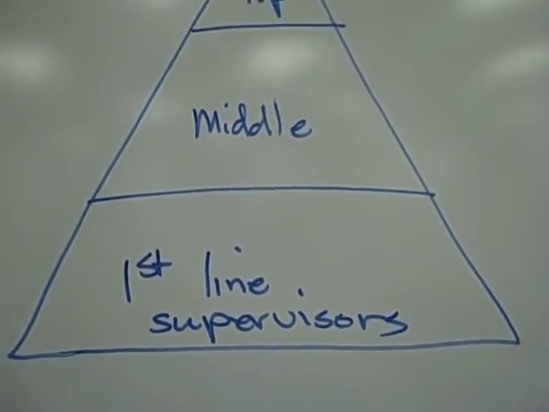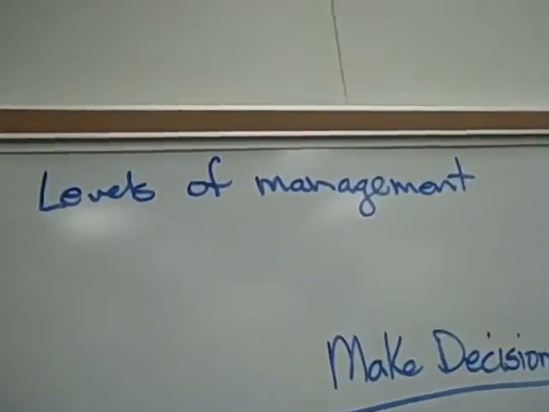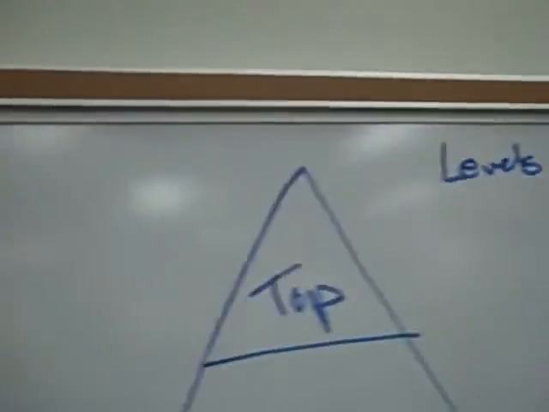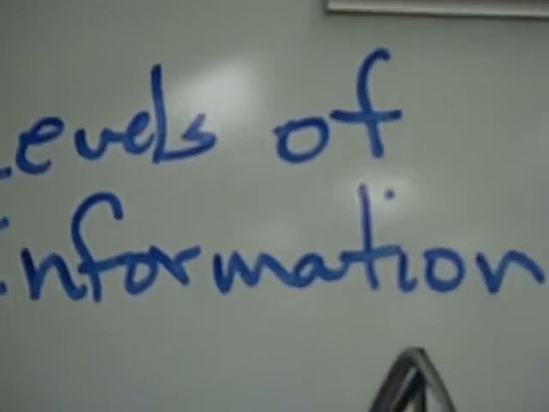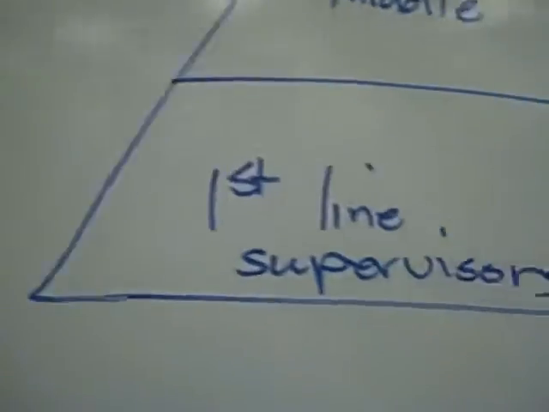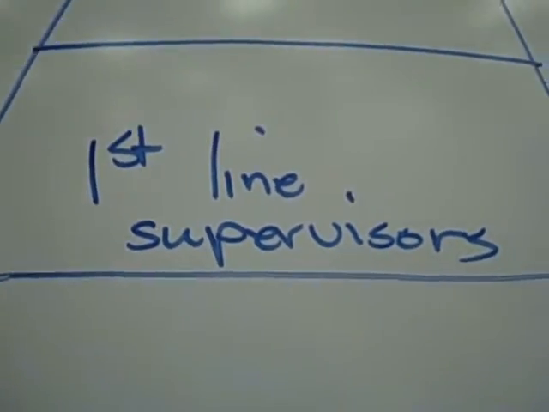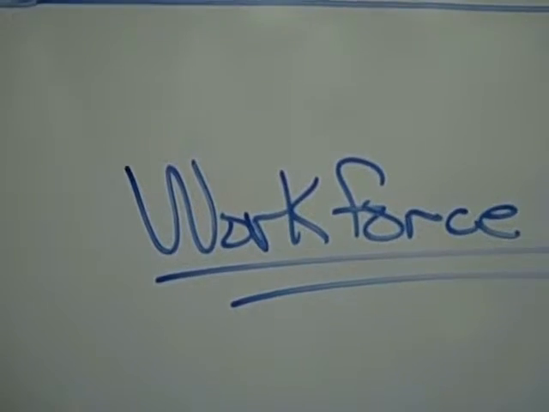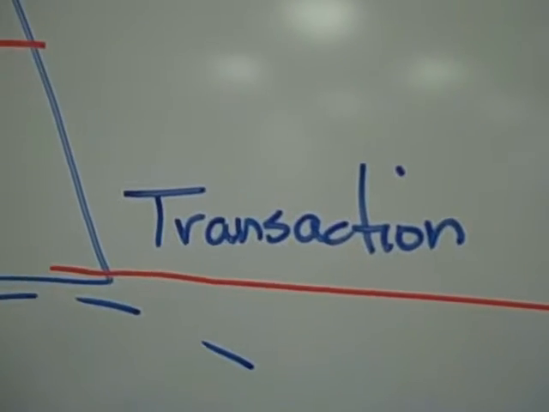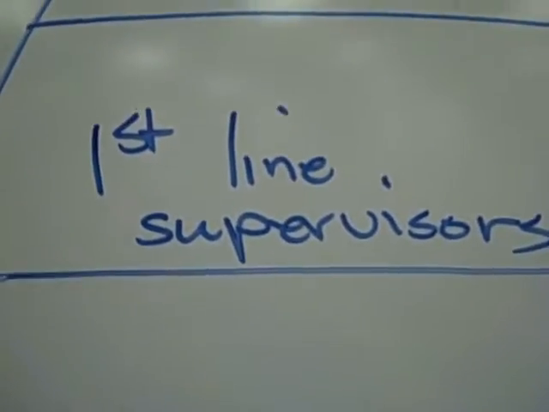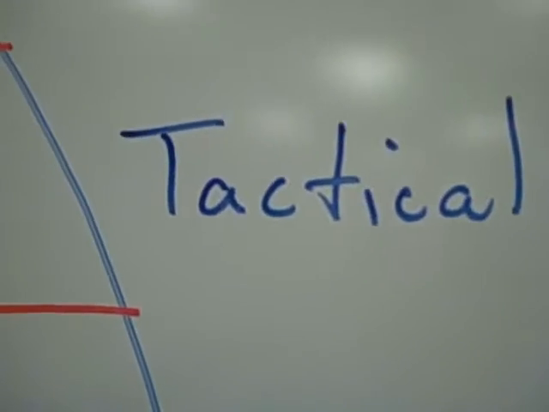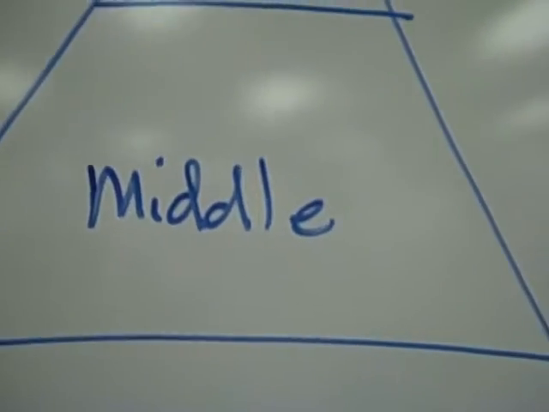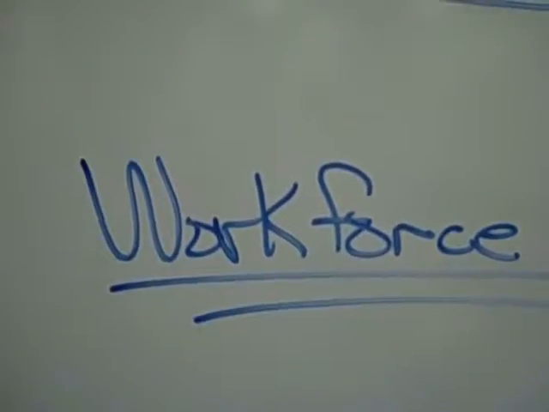Now, this corresponds to levels of management. Okay? Levels of management, and over here we were talking about levels of information. We have first line supervisors, people that oversee the workforce in order to make it function, and they typically are doing transaction type operations. We have middle managers that tend to do tactical, doesn't have to be exactly, they tend to, and you notice the triangle gets smaller because there's less people here than here than here.